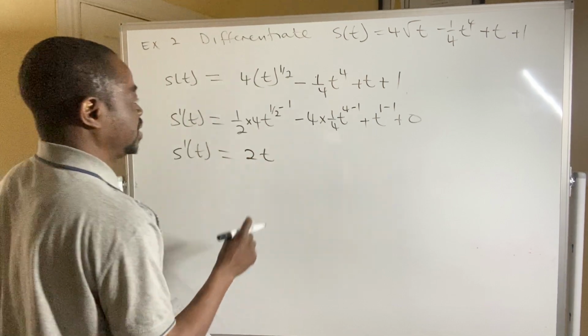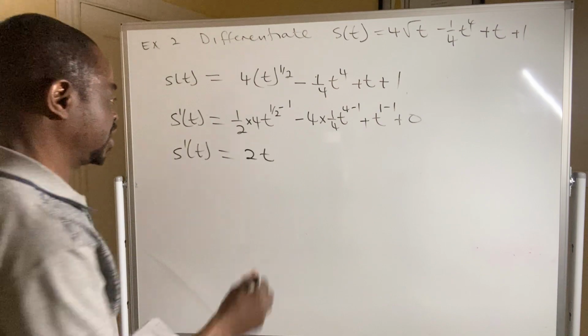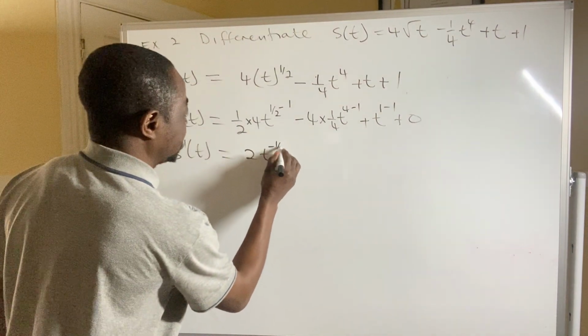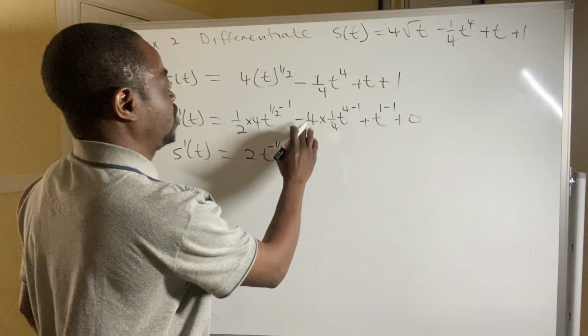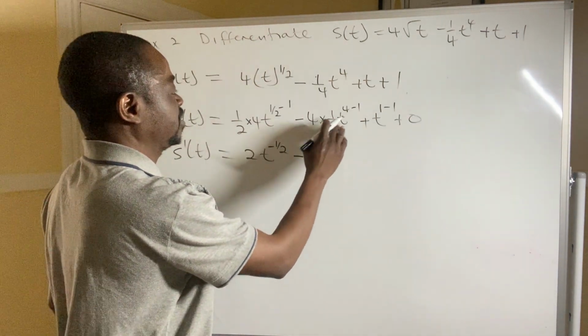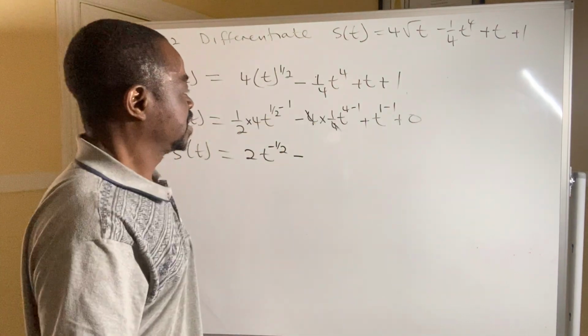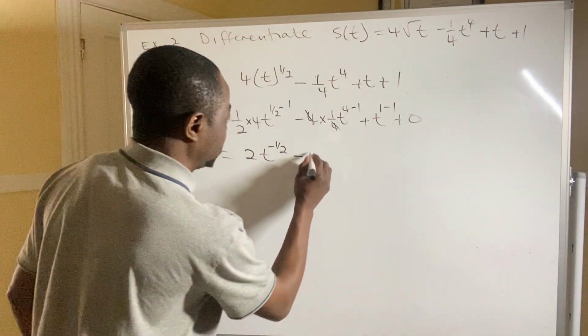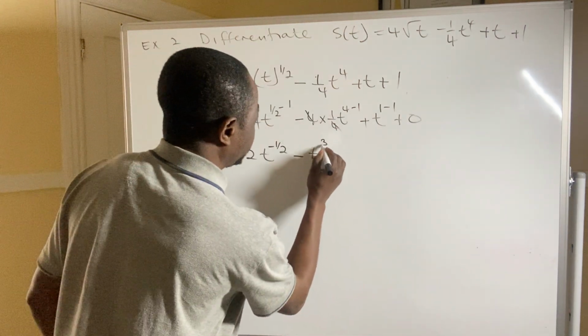Then t, then you take half minus 1. Half minus 1 gives us minus half. And this is minus 4 times 1/4, it simply cancels, that gives us 1. So you have t raised to the power 4 minus 1, which gives us 3.